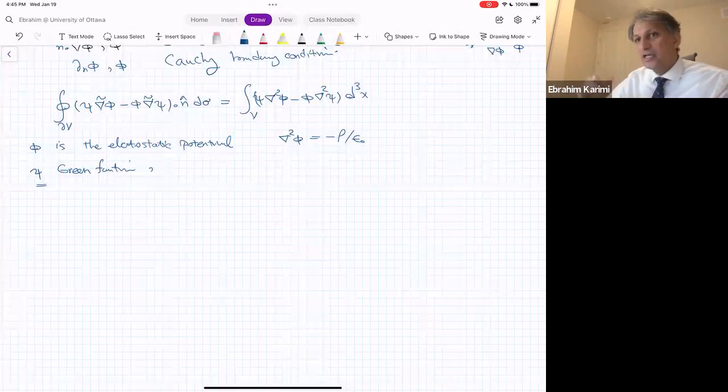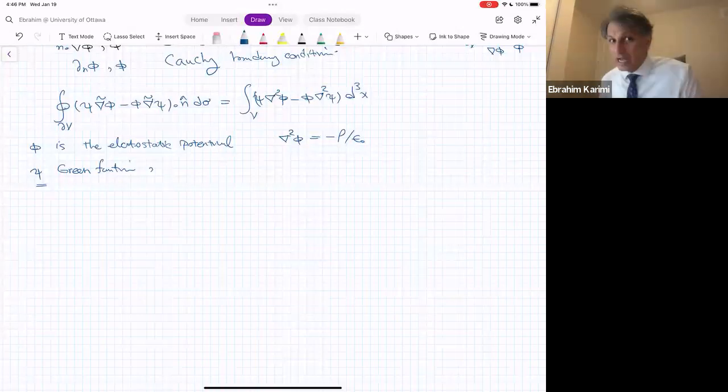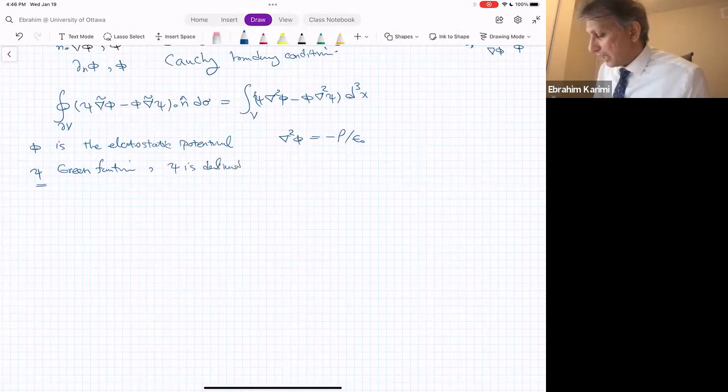If we define the derivative of psi with respect to n, I will call it Neumann boundary condition. Or maybe if I have many different surfaces, then for some part psi is defined, but for some part the normal derivative of psi is defined, then I will call it Cauchy boundary condition. For right now, I will call it Dirichlet, and I will say that psi is defined on the boundary. Okay.